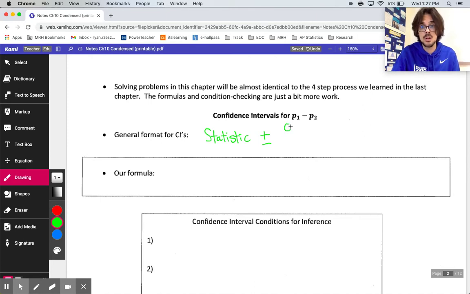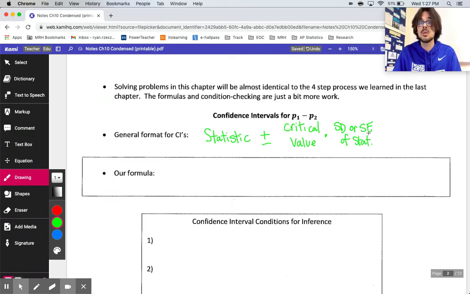You have, first of all, your critical value. And secondly, you multiply that by either the standard deviation, ideally, or the standard error, more reasonably, if you don't know your true value and stuff like that. Standard deviation and/or standard error of the statistic.